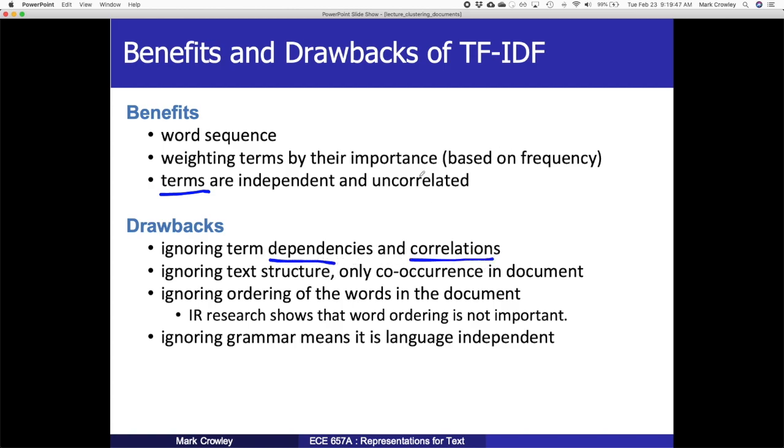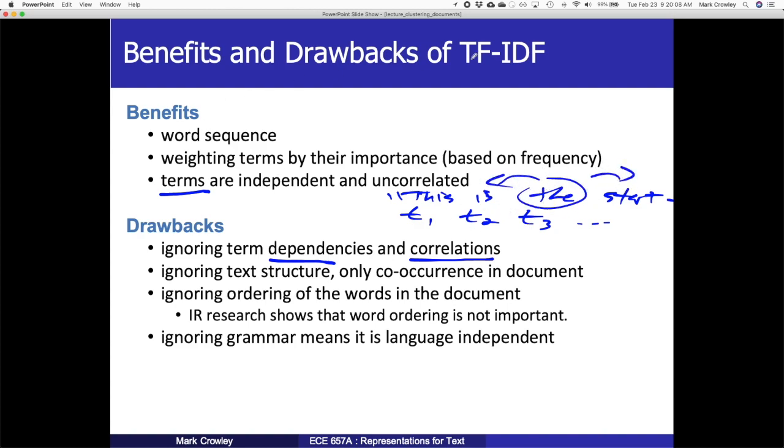And you have a bunch of words in a document right beside each other. Whatever it is you're saying, they are not independent, right? This word is related to the words around it and all that. TF-IDF completely ignores all this, and so that's a drawback.